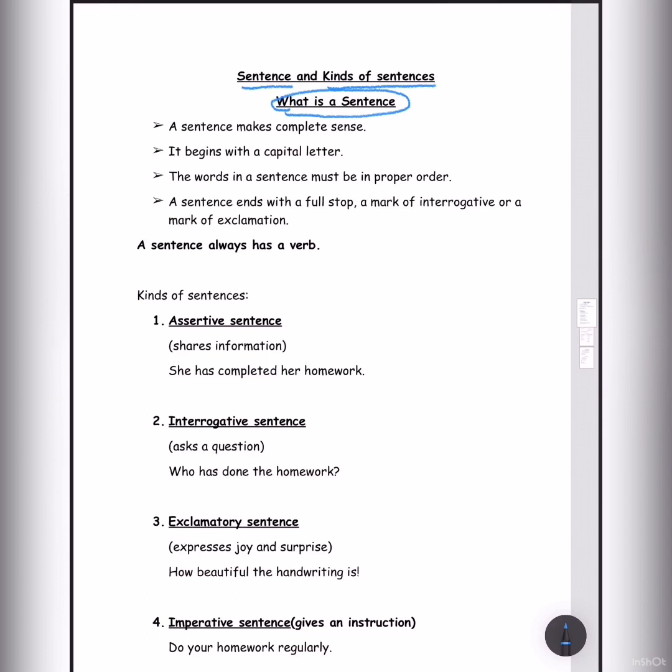To understand it more briefly, we can define a sentence in 4 points. What is a sentence? The very first is a sentence should make complete sense. A sentence makes complete sense. It means that it gives you a complete thought.